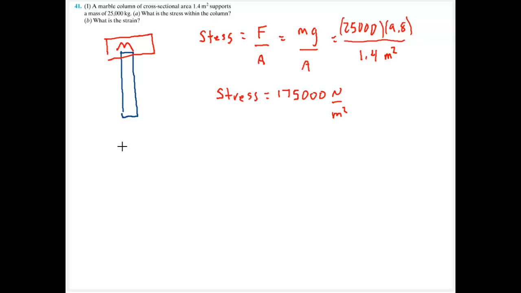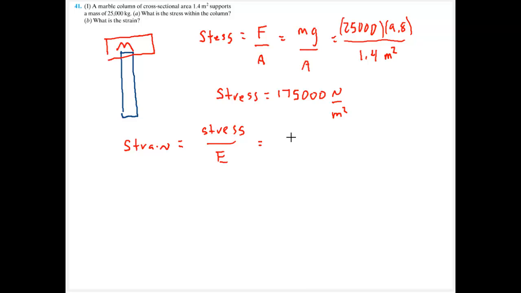For my strain, I know that the strain is going to be related to the stress and Young's modulus, the book used an E right there, so I'll do the same even though I'm used to a Y. We can look up what Young's modulus is for marble. We'll do that in the book right there, and you can find that it's going to be 50 times 10 to the 9th newtons per meter squared.